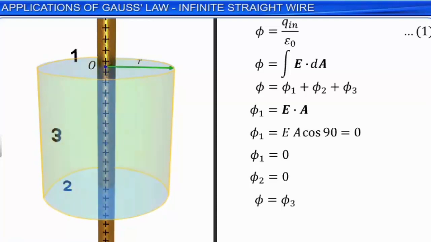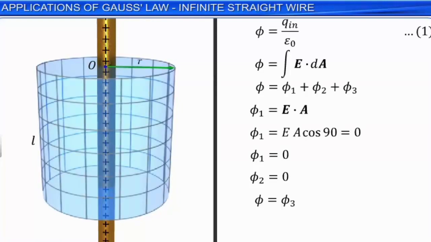Let the surface 3 be assumed to be divided into infinitesimally small elements, each of area dA. There will be a net electric flux through this surface, since the electric field strength E for any point on the surface is parallel to the area vector dA for the element under consideration.